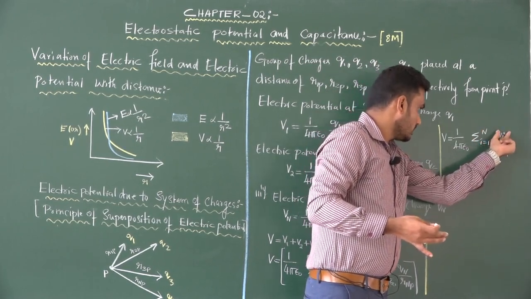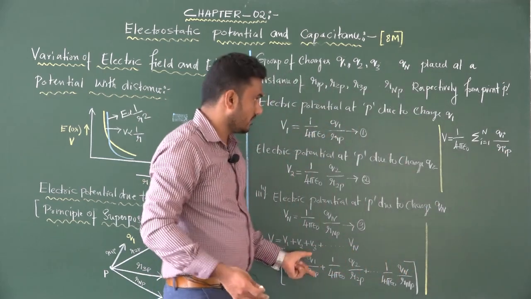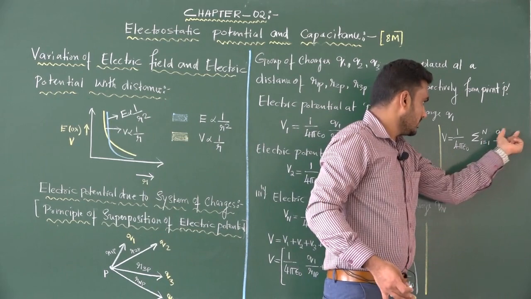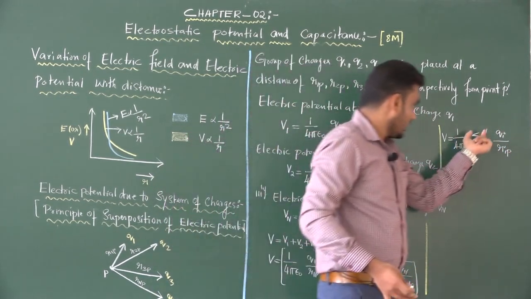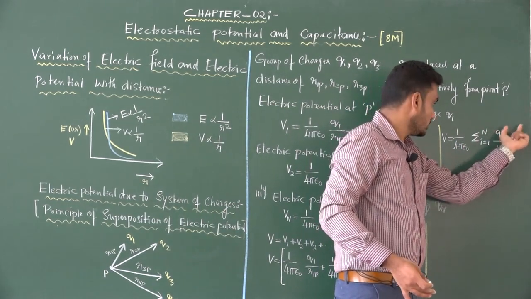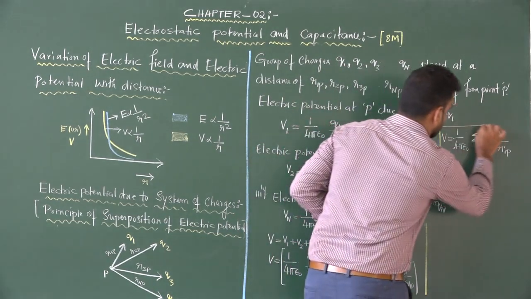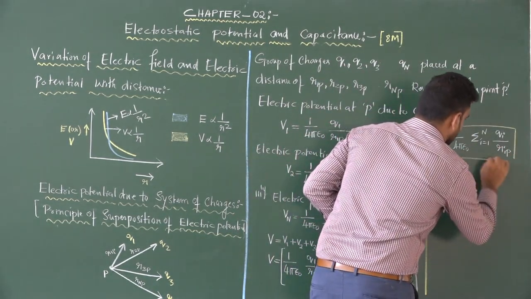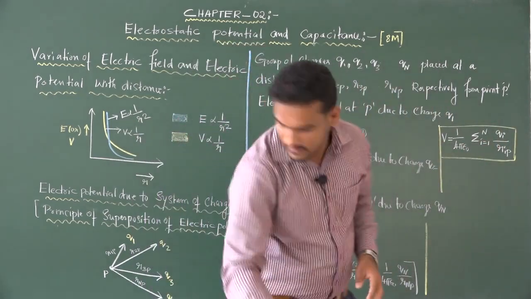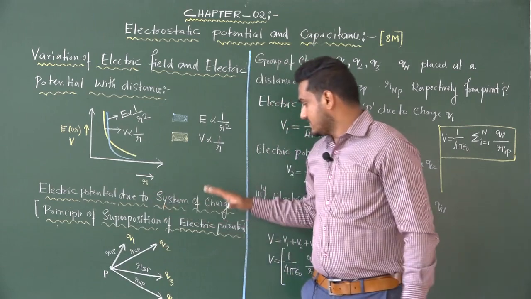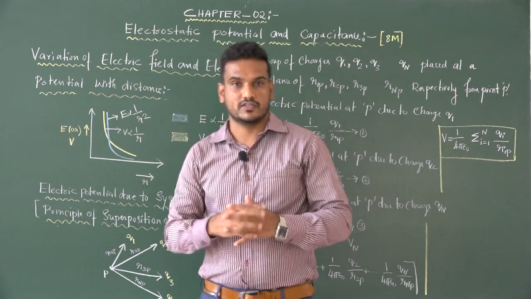Let us give 1: Q1 divided by R1p. If we give 2: Q2 divided by R2p. Likewise, if we give n: Qn divided by Rnp. So that holds good. It's the final equation: electric potential due to a system of charges, that is the principle of superposition of electric potential.